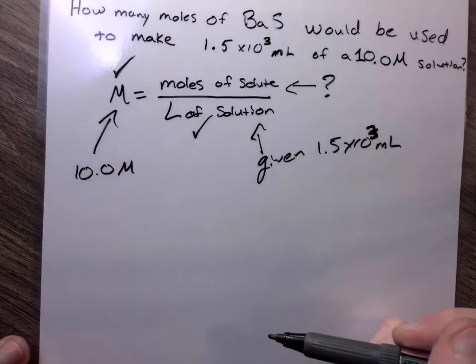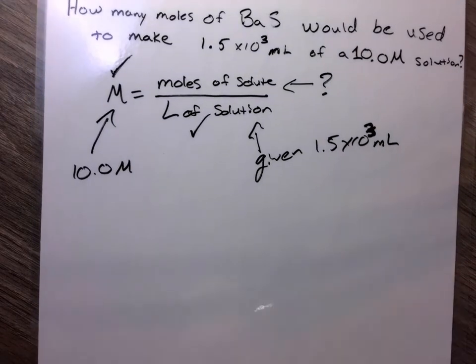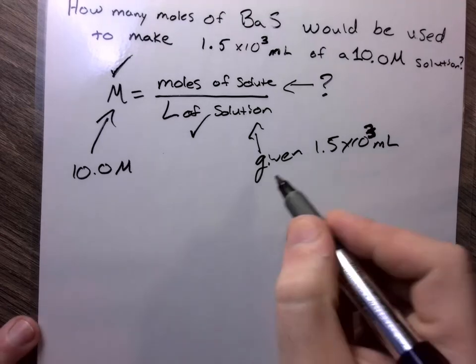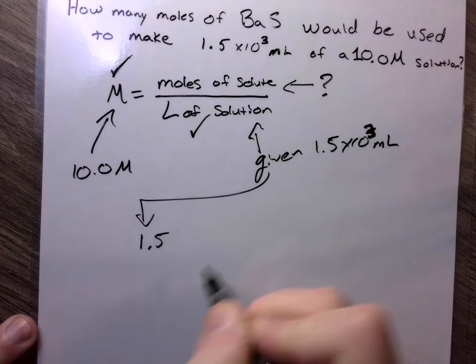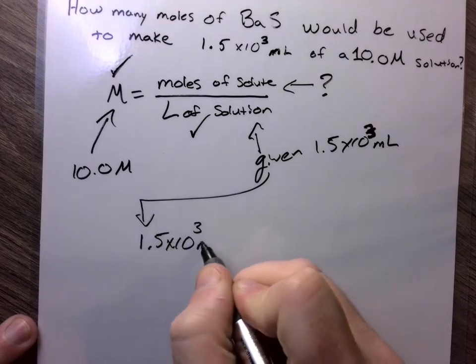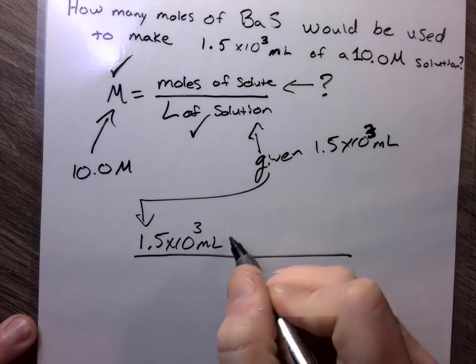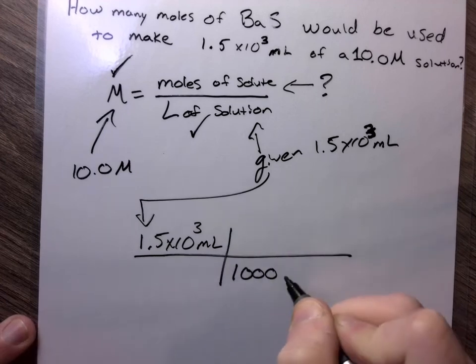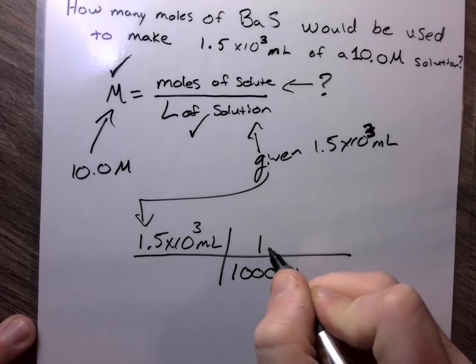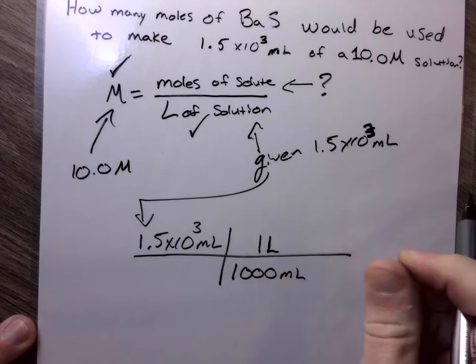So, let's get this given volume into liters instead of milliliters. So let's go ahead and convert that first. 1.5 times 10 to the third milliliters. But I don't want milliliters, I want liters. So 1,000 milliliters are in every 1 liter.